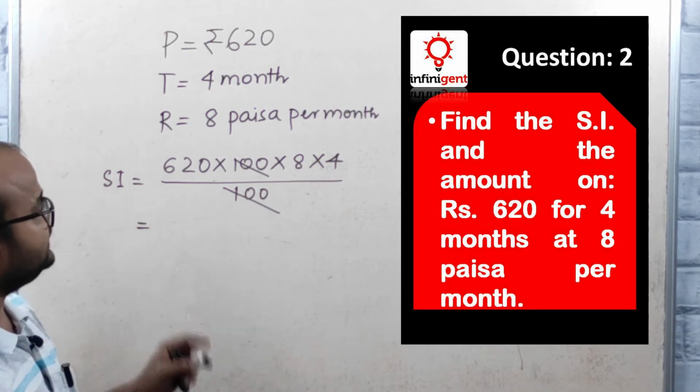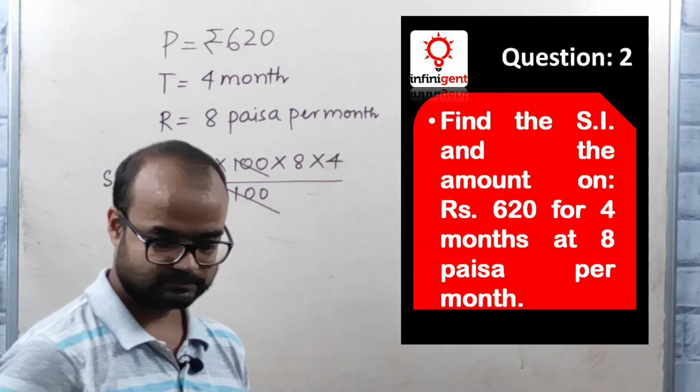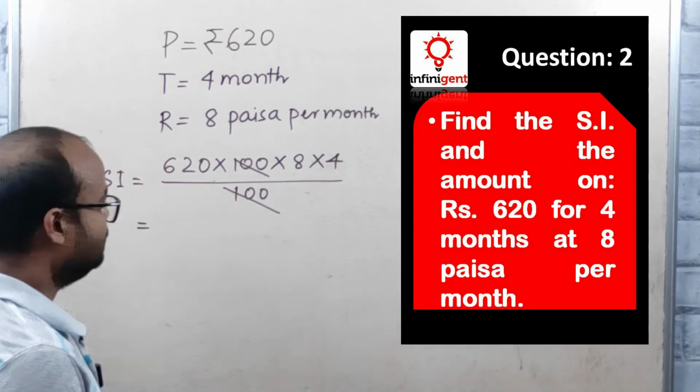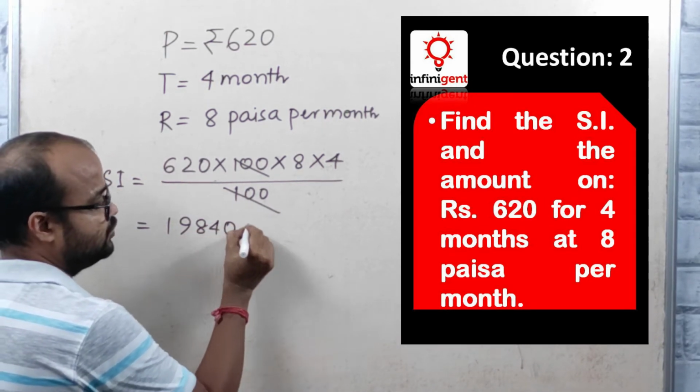So now if you multiply 620 into 8 into 4, you will get 19840 paisa.